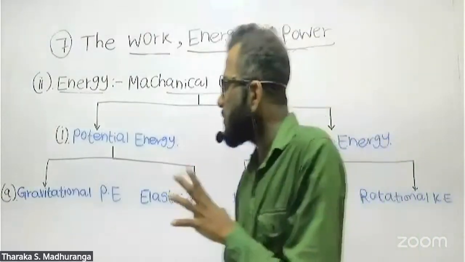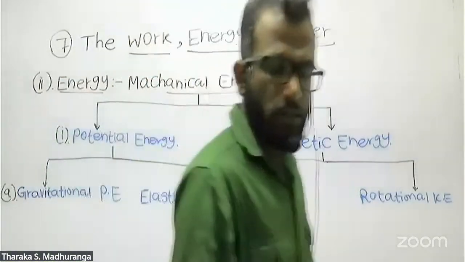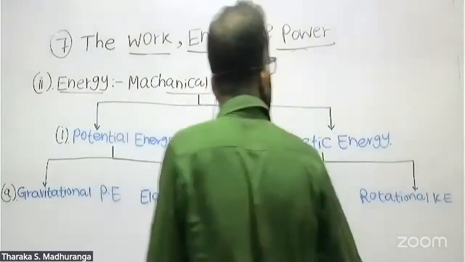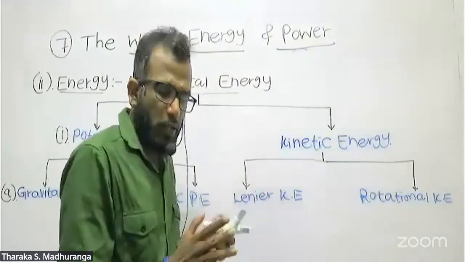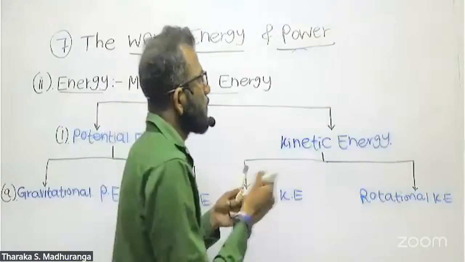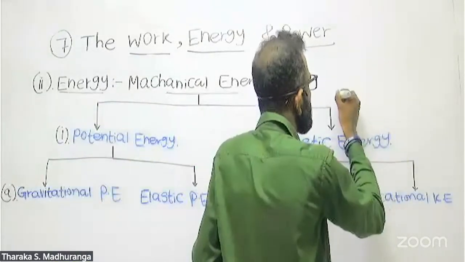Okay, what is the meaning of this gravitational potential energy? I will draw it here. Think this is an object. This is the ground level.